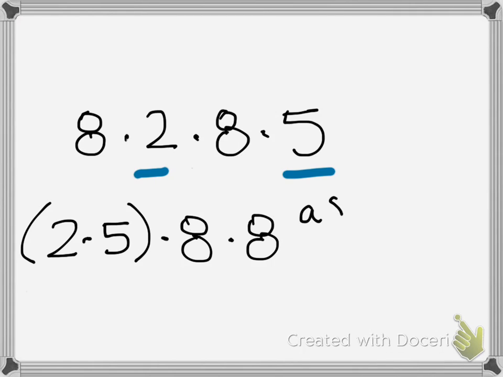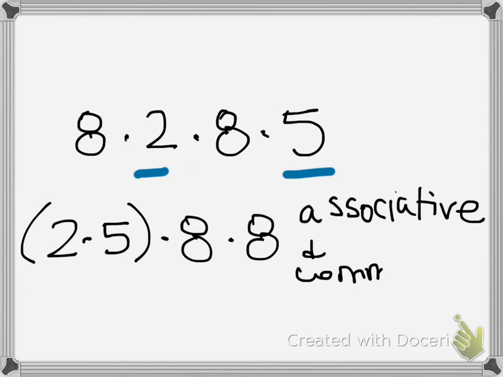So it's actually using both the associative property, which has to do with the grouping, and the commutative property, which has to do with changing the order of the numbers. So since I used both of those properties, it's going to be a lot easier to do this in my head. I would do 2 times 5 is 10, and then 10 times 8 times 8, which would give me 64.